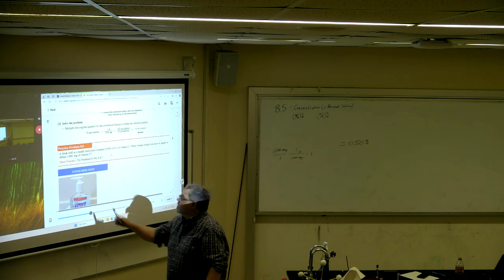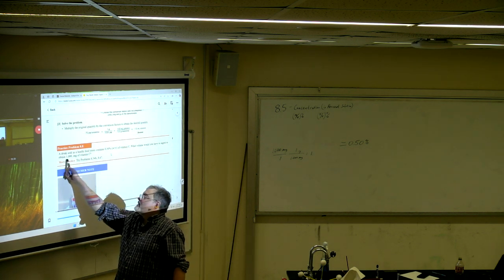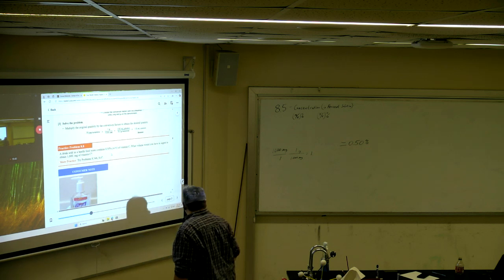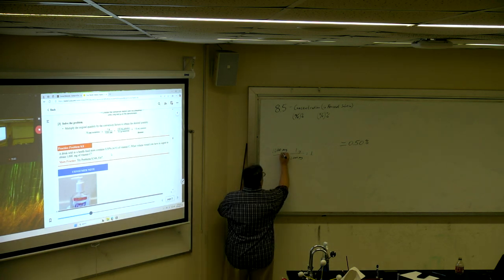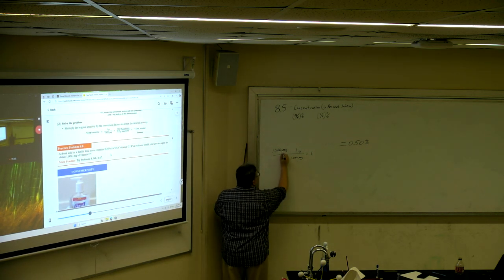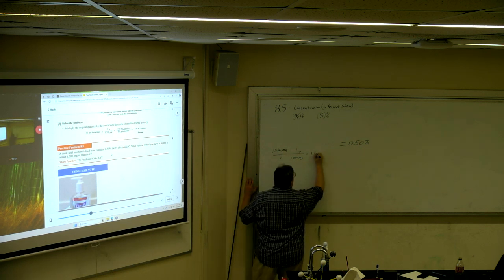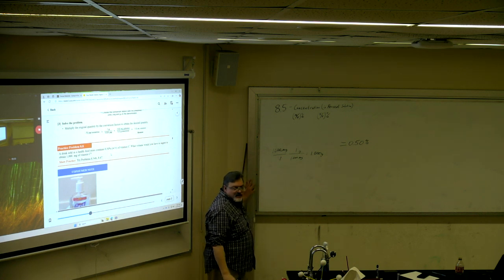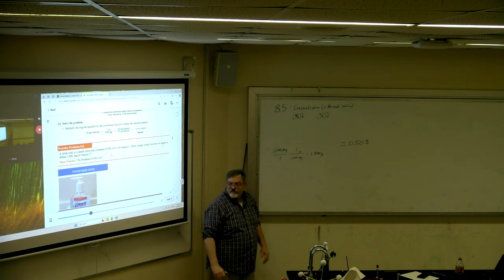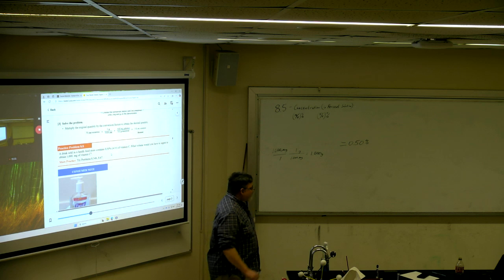They put a decimal here, so that means that's four significant figures. And that's exact. So that's how many grams we have, 1.000. That's what 1,000 milligrams would be.